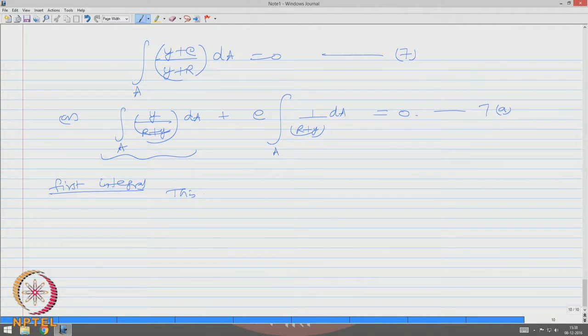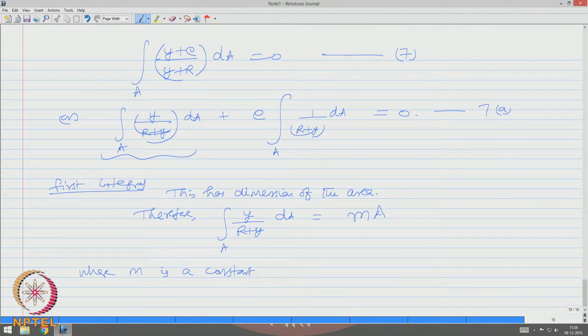This has dimension of the area. Therefore, integral of y by (R plus y) dA over A can be some multiplier of area, where m is a constant which depends on the geometry of the cross section.